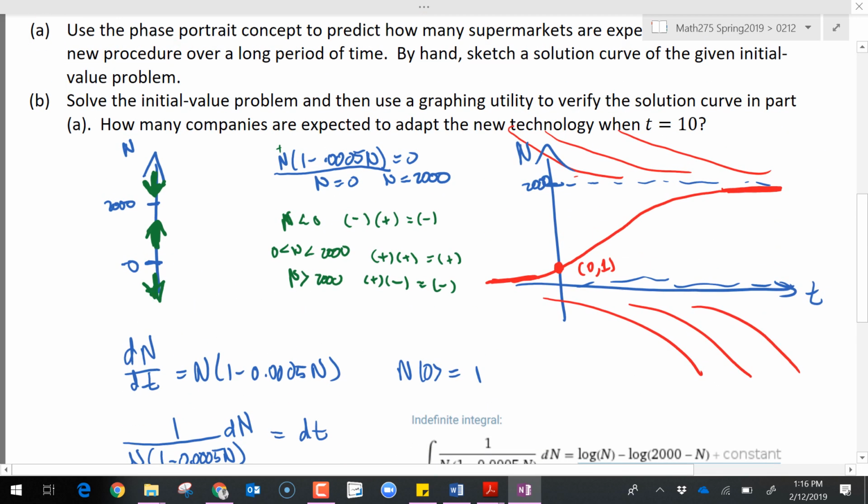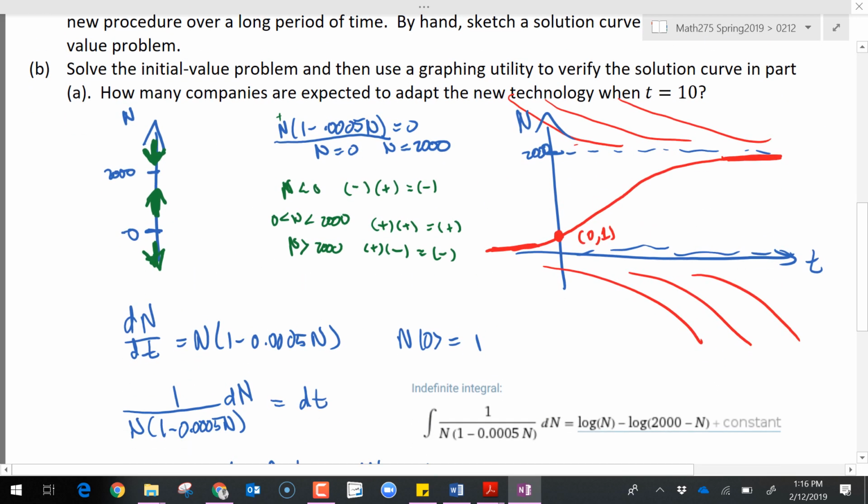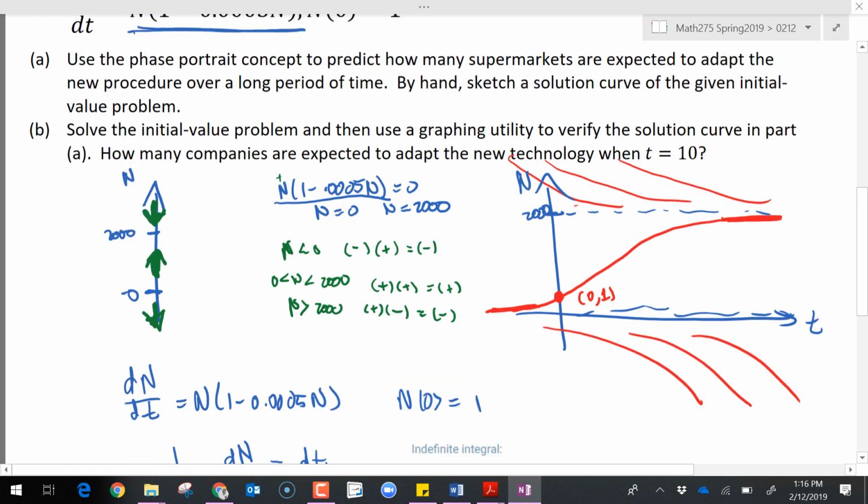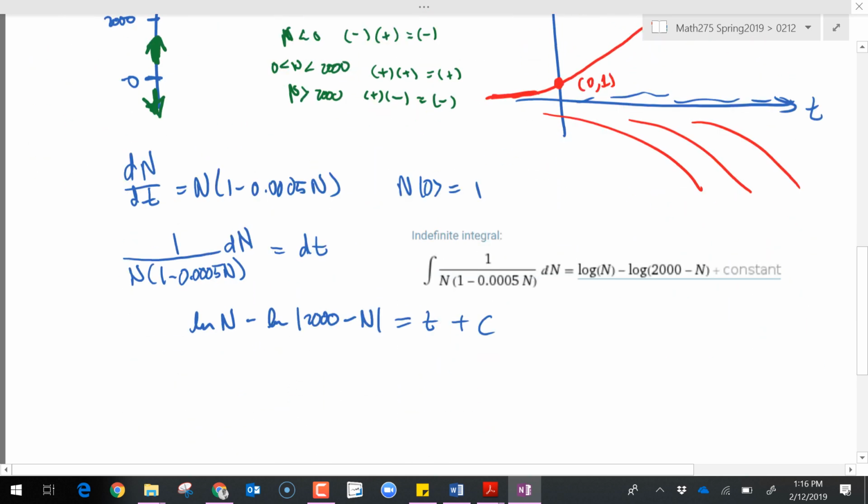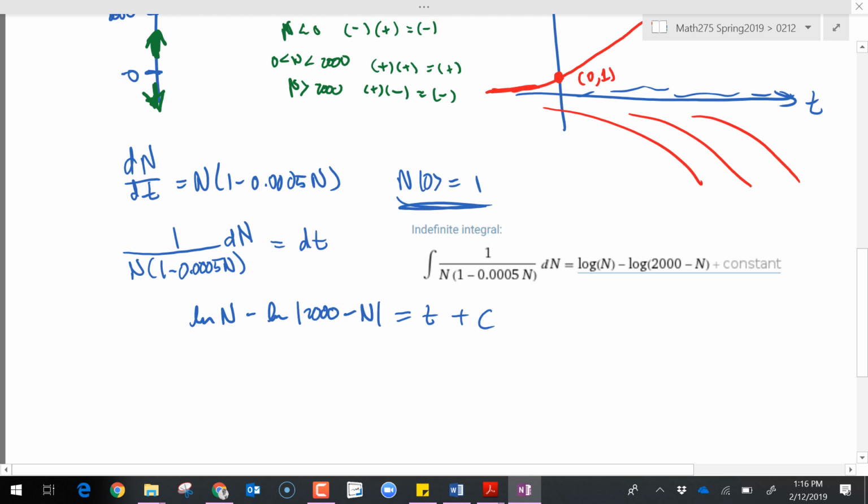Ideally, we want to solve an initial value problem. Let's actually solve for c. We can solve for c now by putting in our initial values and then getting a value for c. And then maybe if we have a chance, we can solve for n. So t is equal to 0, n is equal to 1. So we have ln of 1, which is 0, minus ln of 2000 minus 1 is equal to c.